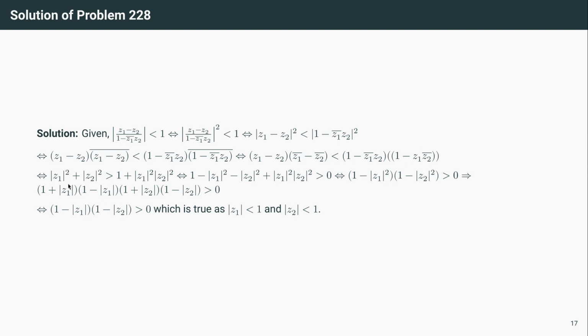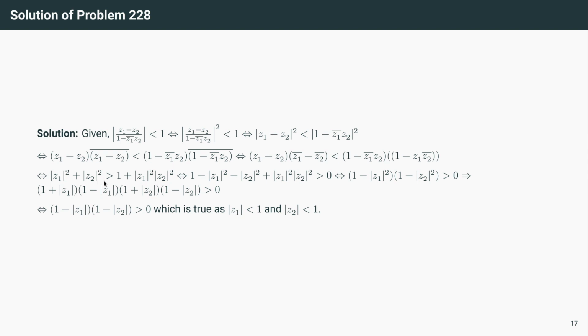Now from this we have mod z1 square plus mod z2 square is greater than 1 plus mod z1 square mod z2 square. Once we have this, I'm a bit confused here because this should be less than.